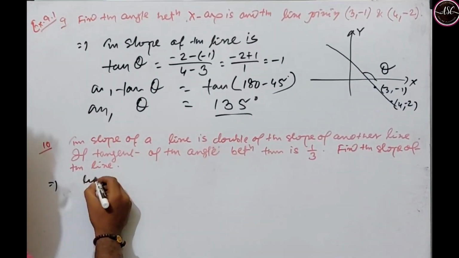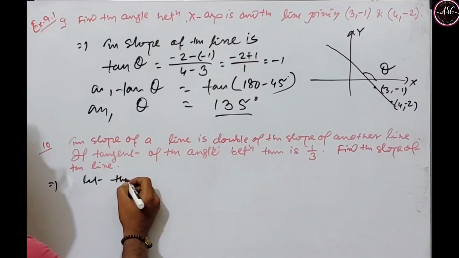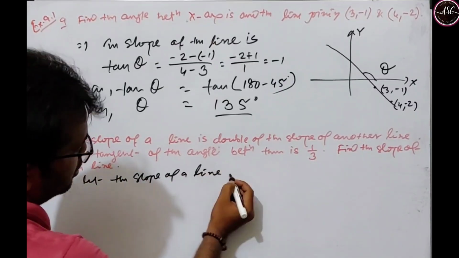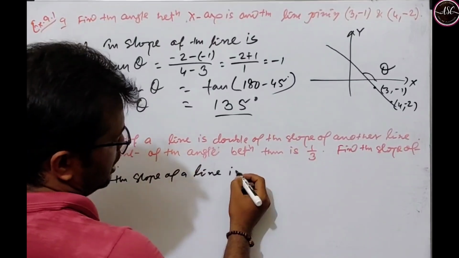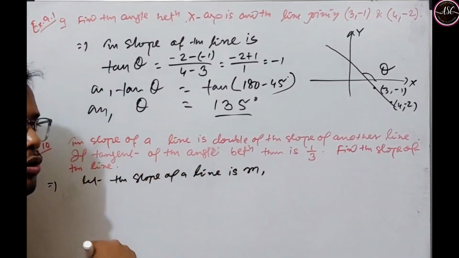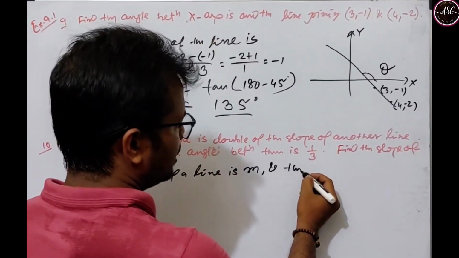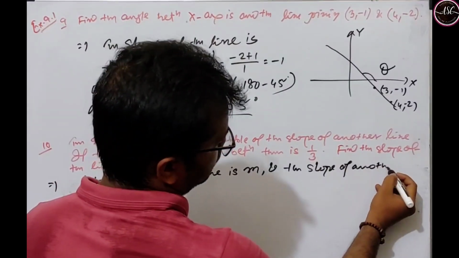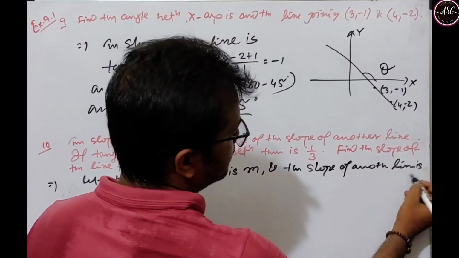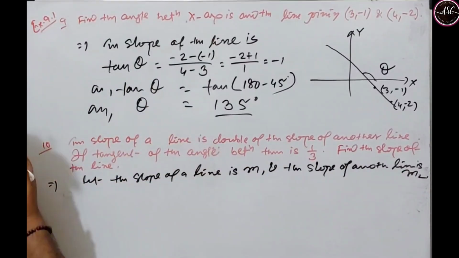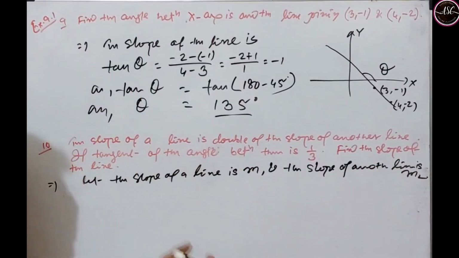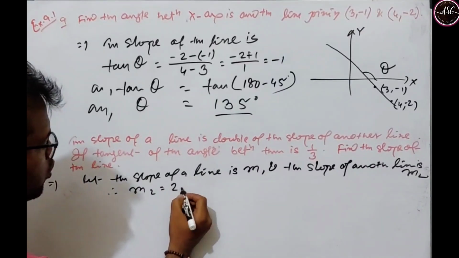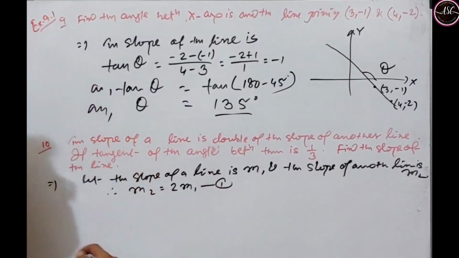So let the slope of a line be m1, and the slope of the other line be m2. Here m2 equals 2m1, this is equation 1.